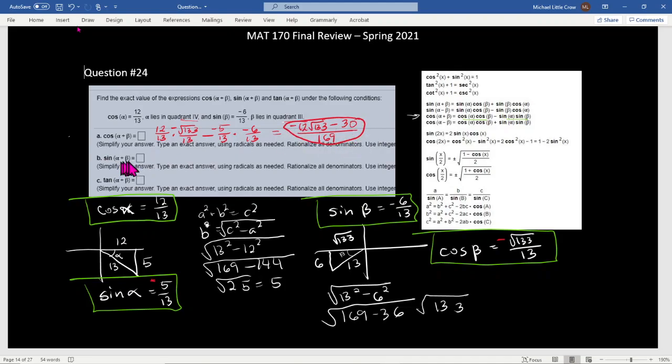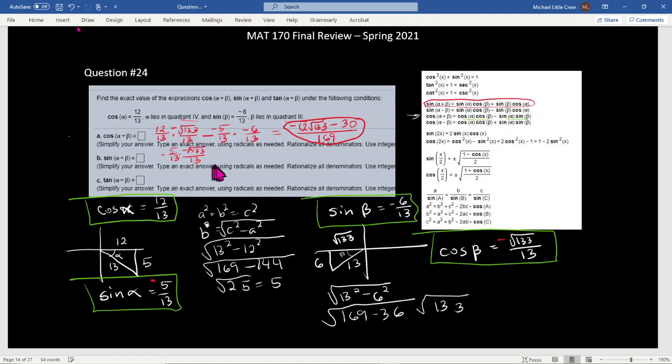For sine of alpha plus beta, we're using this formula here. So it's the sine of alpha times the cosine of beta plus the sine of beta times the cosine of alpha. Cosine of beta, negative square root of 133 over 13.